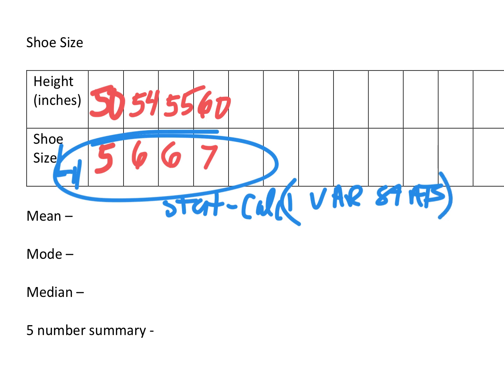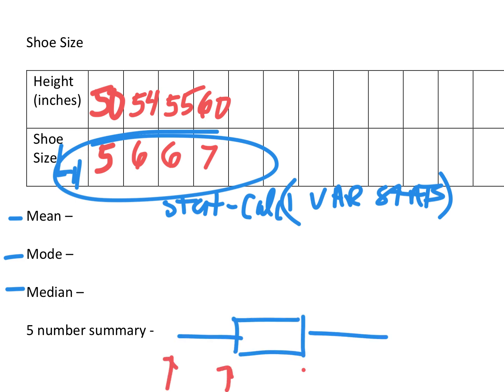Under 1 var stats, it's got these answers, except there might be 1 or 2 of them that you'll have to get out of your head. There's 5 numbers that go where these 5 red arrows are. All right. I'm going to walk around and see if you have found 1 var stats. Have that 1 var stats up on your screen when I get there.